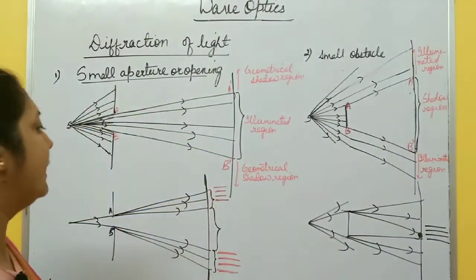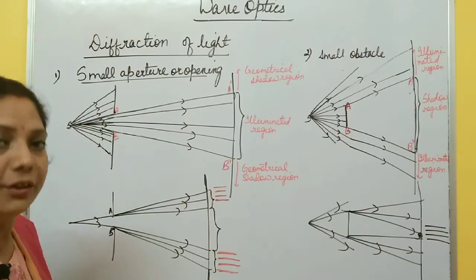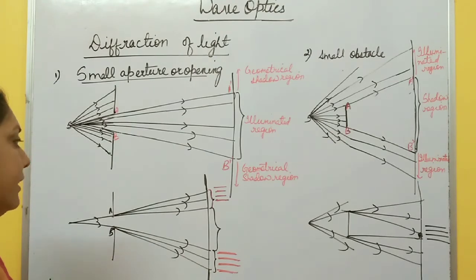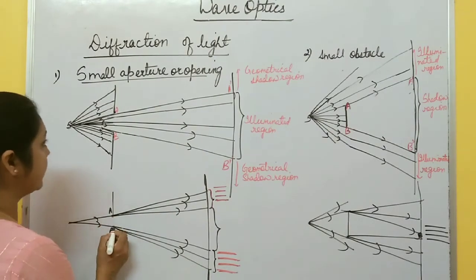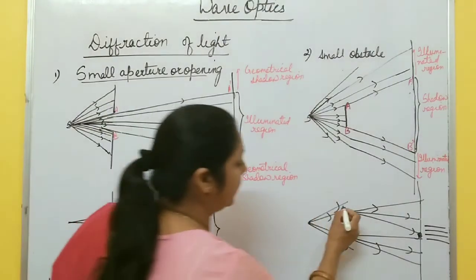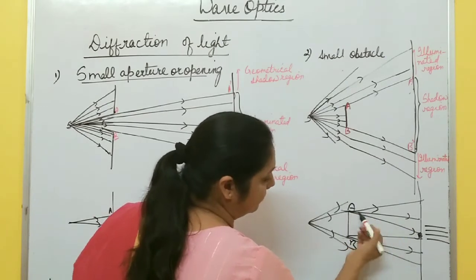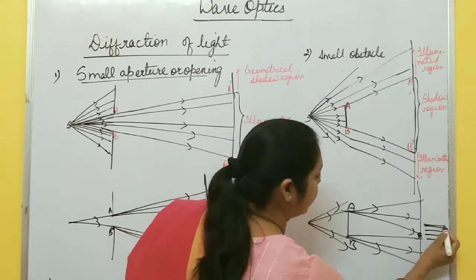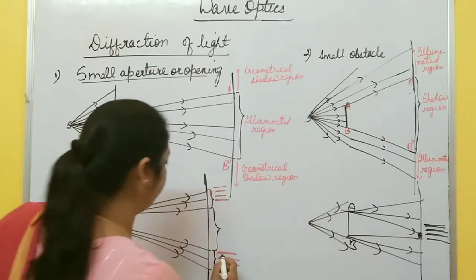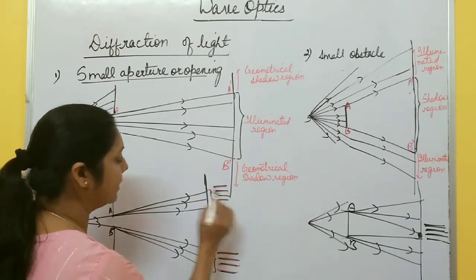region. This bending of light into the geometrical shadow region is called diffraction of light, and this bending only takes place around the edges of the aperture or the obstacle, and spreads into the region of geometrical shadow. Here bright and dark rings are formed.